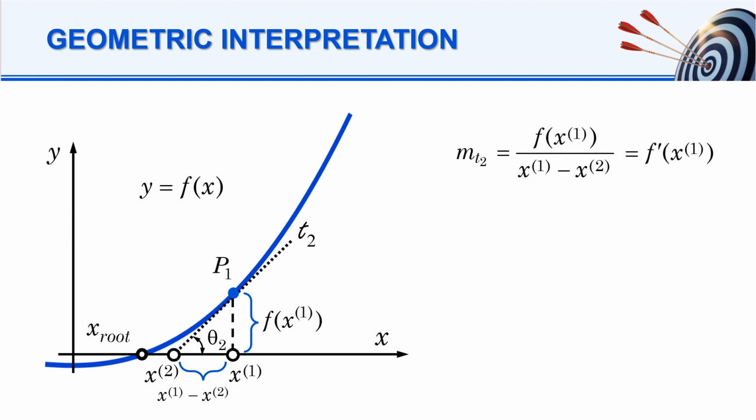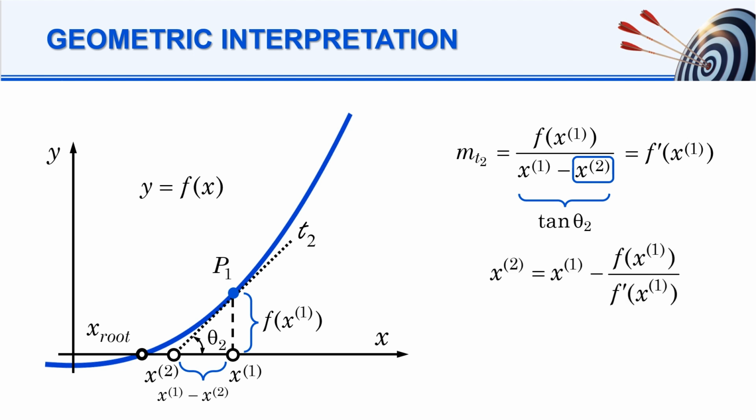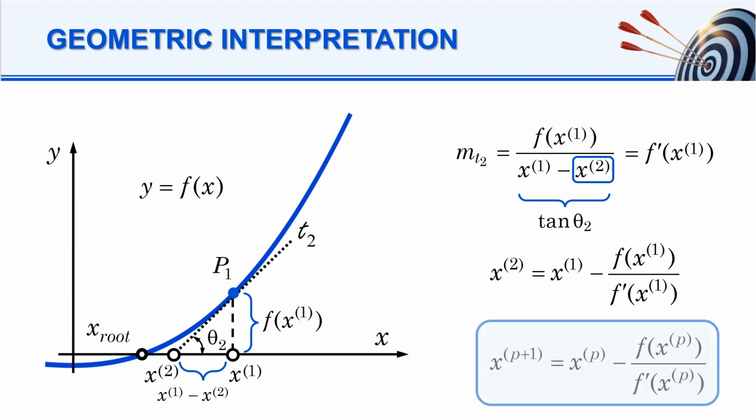This leads to an expression with x2 as the unknown. Solving this for the second estimate x2, we obtain the following approximation. Repeating this procedure successively yields a sequence of estimates x3, x4, and so on. The generalization yields the following iteration equation.